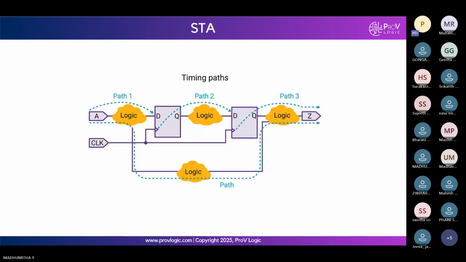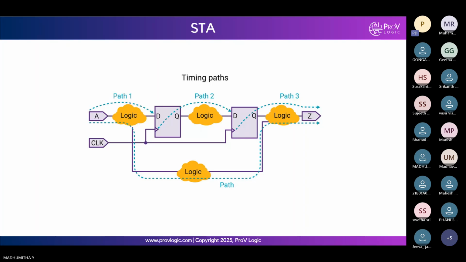Now assume you have a block and there are 2 flip-flops inside that block, with one input port, one clock port, and one output port for that block. Likewise, there will be multiple timing paths, thousands of input paths, output paths, and flip-flop to flip-flop or register to register paths.